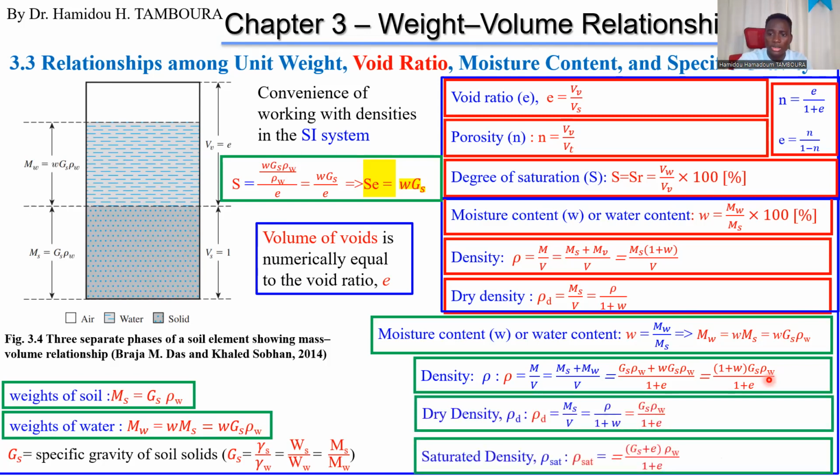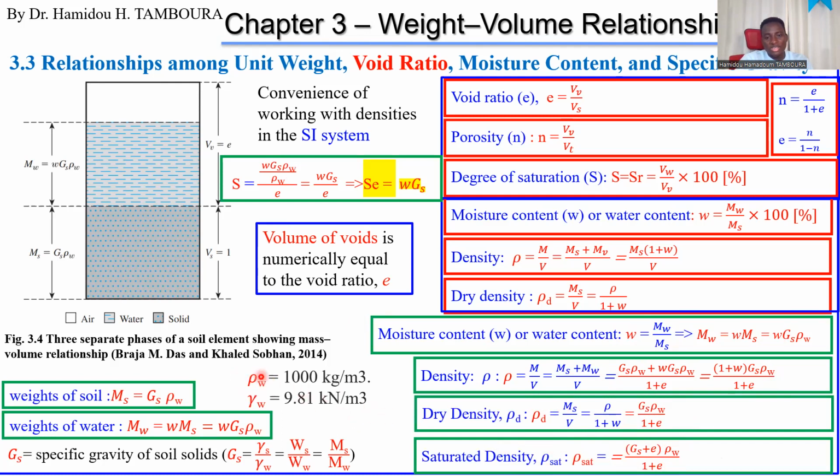We will not spend much time on this. For saturated soil, you can obtain the same thing we did with the weight. We can do it with the mass also. I hope it's okay.